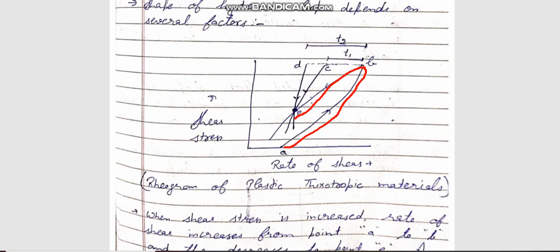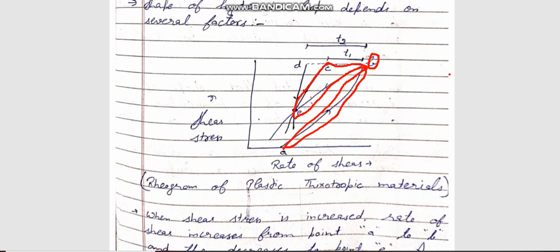But if the time is extended when the system was at point B, and the time was increased up to a limit of t1, then we will achieve a graph A, B, C and E.